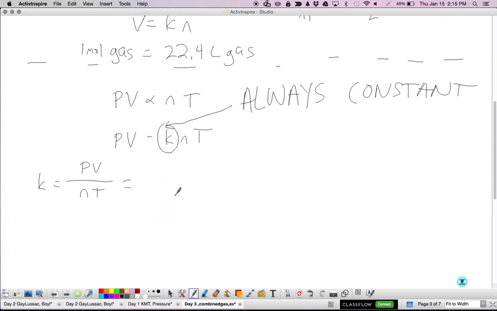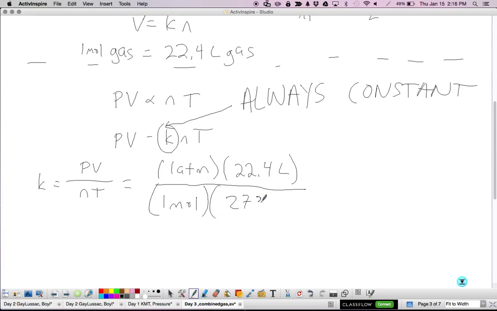So if I set this up, my pressure as 1 atmosphere, okay, my volume as 22.4 liters of gas over the number of moles of gas, which is 1 mole, times the temperature, standard temperature, 273.15 Kelvin.